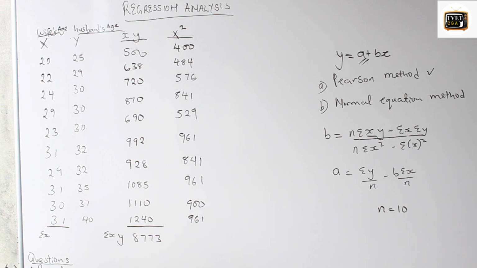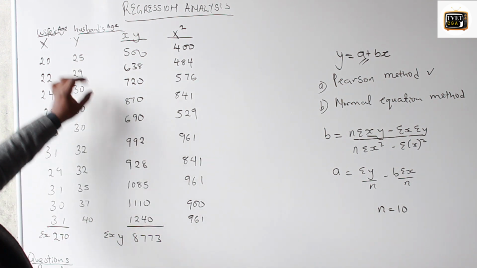So, on your calculator, 20 plus 22 plus 24 plus 29 plus 23 plus 31 plus 29 plus 31 again plus 30 and finally plus 31. The summation comes to 270.